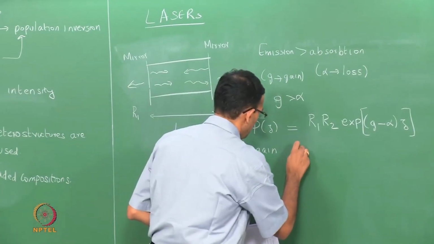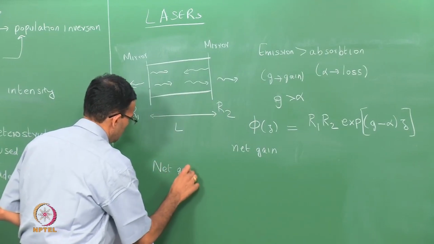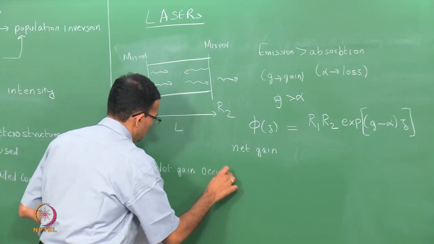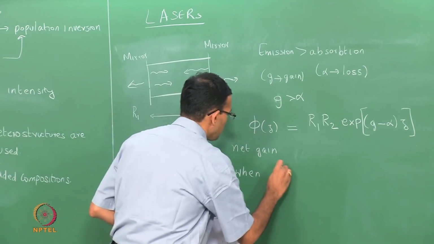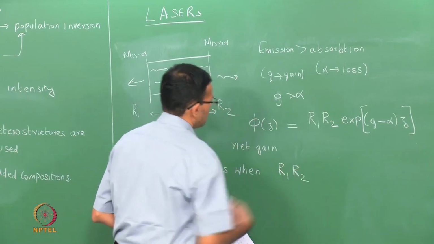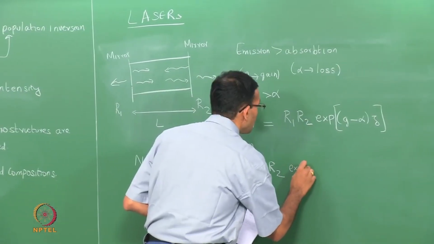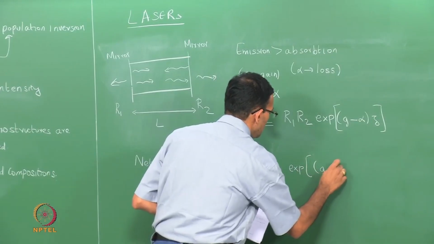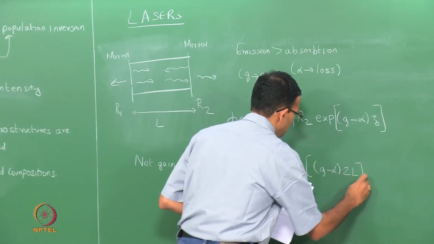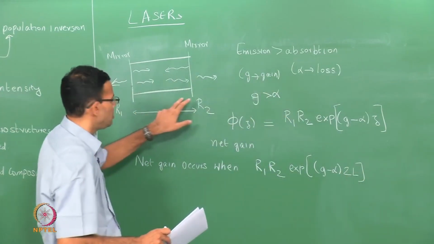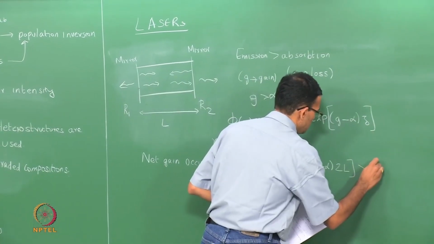So, your net gain occurs, let me write it here, so you have a net gain when phi is more than 1, or you have R1 times R2 exponential G minus alpha. Now, the total distance travelled is 2L because it travels from one mirror to the next and then gets reflected and comes back. This should be greater than 1.